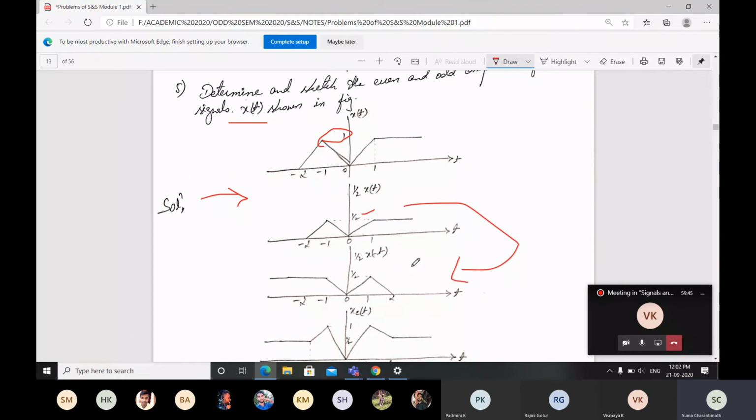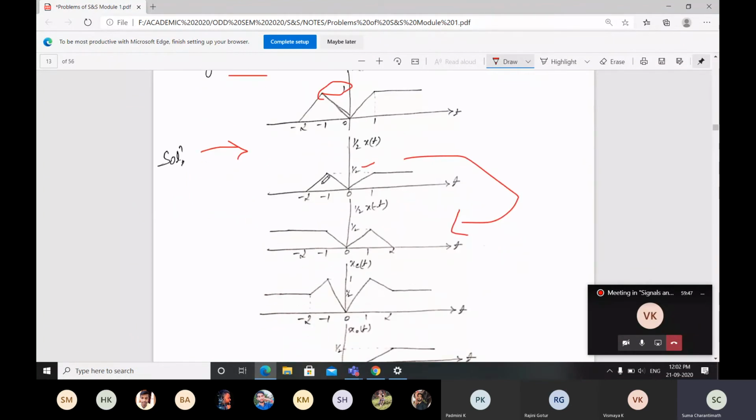So we'll be getting the reverse of the signal. The negative values are going to be positive and positive values are going to be negative. Reverse of that and then multiplying with 1 by 2, so we'll be getting 1 by 2 x of minus t. This is 1 by 2 x of t and then 1 by 2 x of minus t signal.